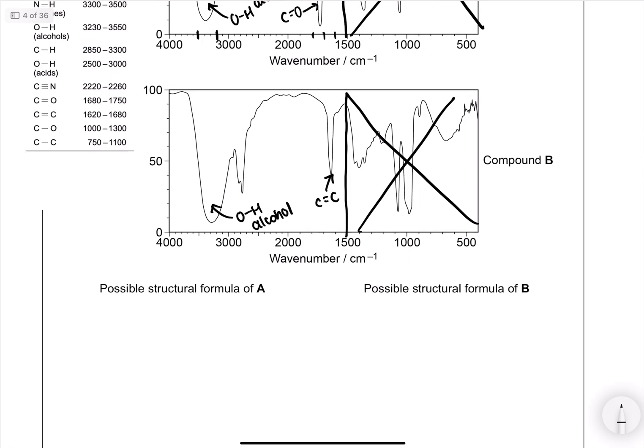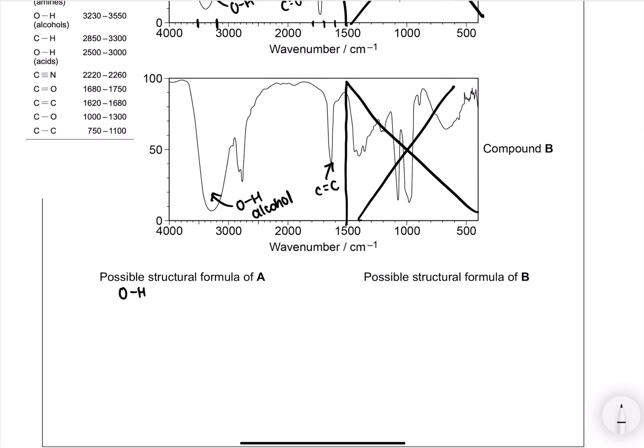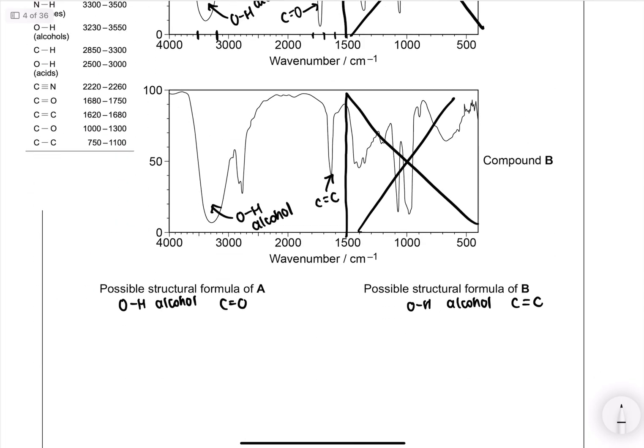So compound A has an OH alcohol and a C double bond O, and compound B has an OH alcohol and a C double bond C. And if we go back up, they're both C4H8O2.